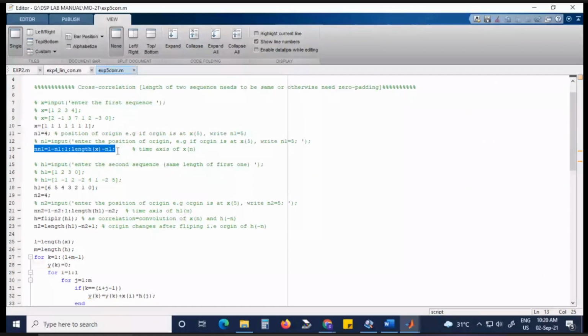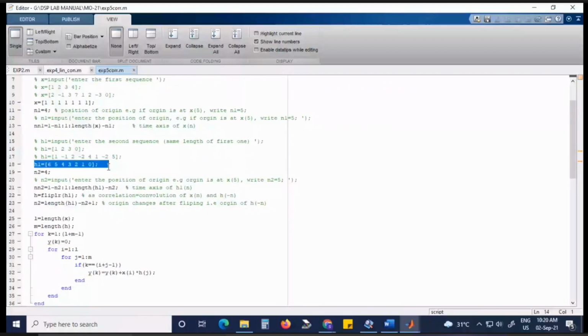It is written so that the program is generalized. Any value you can give for the origin, and any sequence of any length you can give. Similarly, for the second sequence h1, I have given it this way, and I have also taken input here. I have written the command that h1 is the input, enter the sequence, same as the first one.